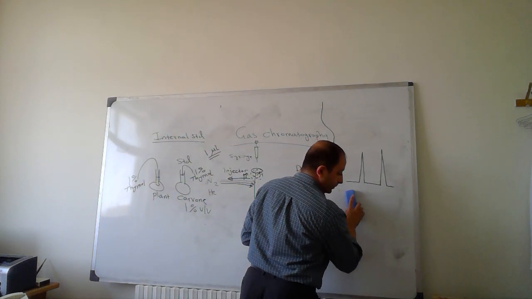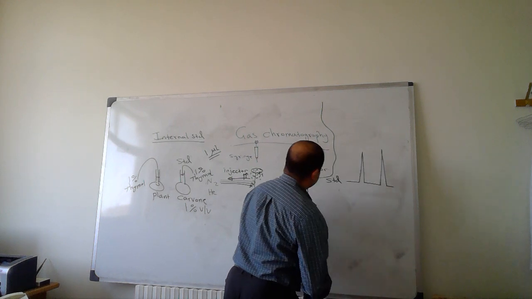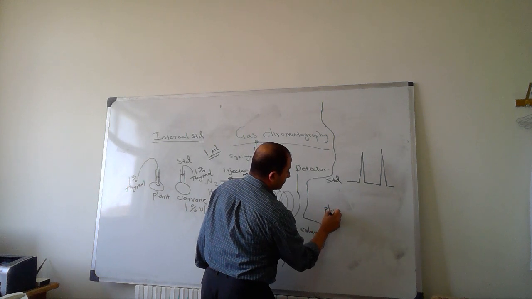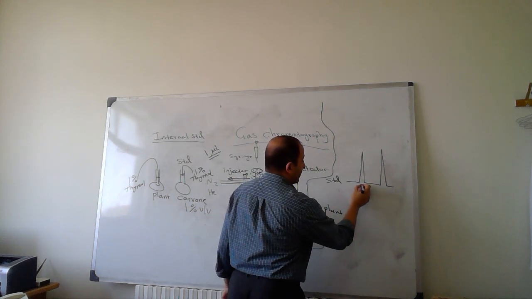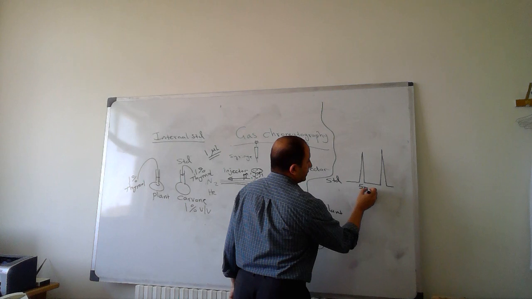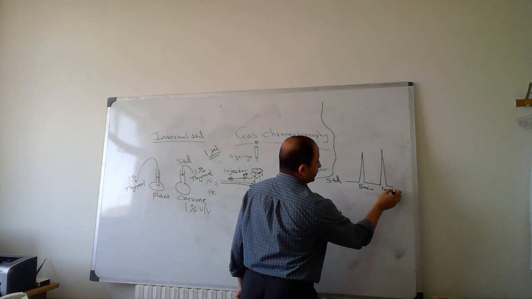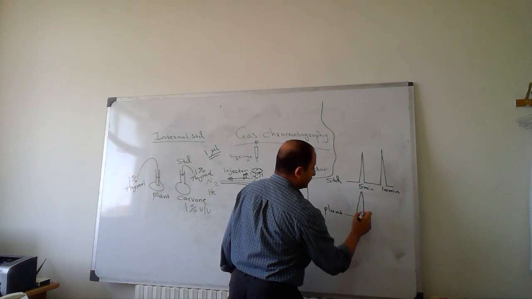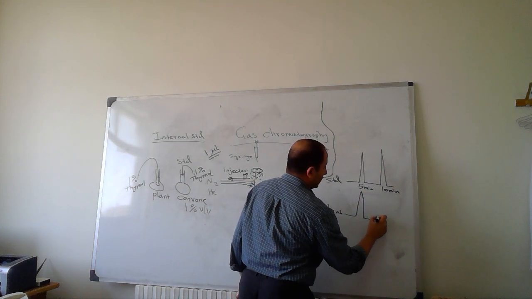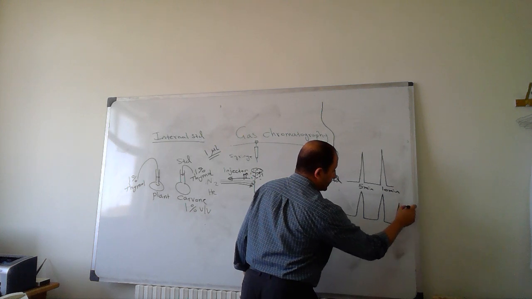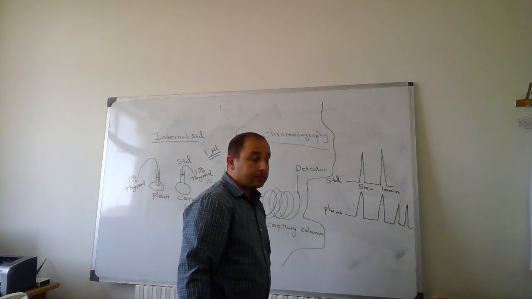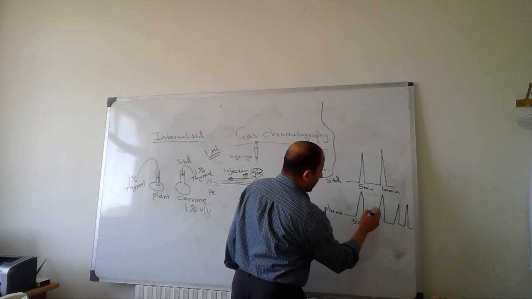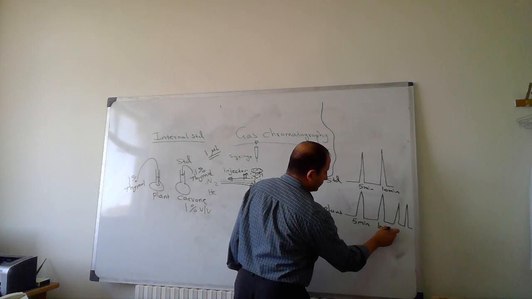Then the plant: this is for example 5 minutes retention, this is 10 minutes retention. The plant gives us a peak here, and a peak here, and other peaks. Again we have a peak at 5 minutes and a peak at 10 minutes.